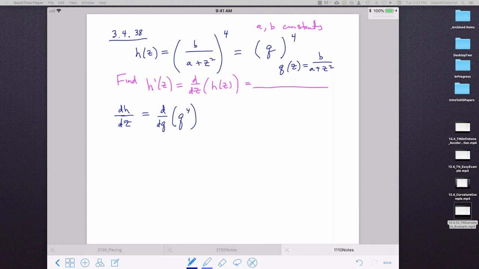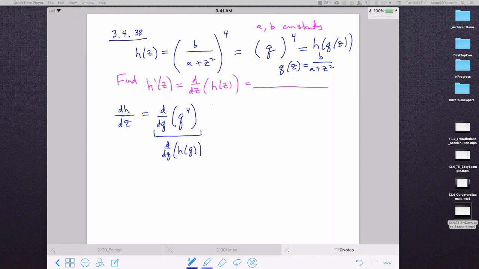Okay, so h of z together is, sorry, how do I write this? Sorry, equal to h of q of z. Okay, so this part right here is the derivative with respect to q of h of q, the outer function.